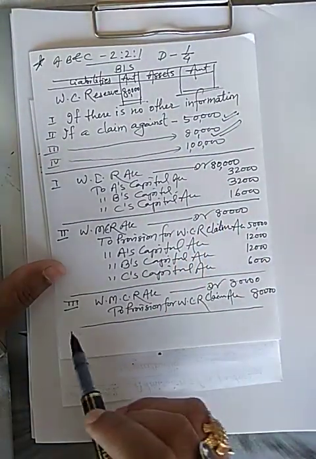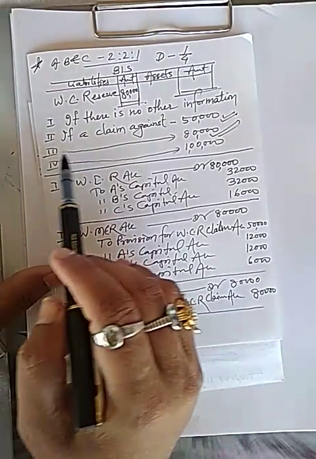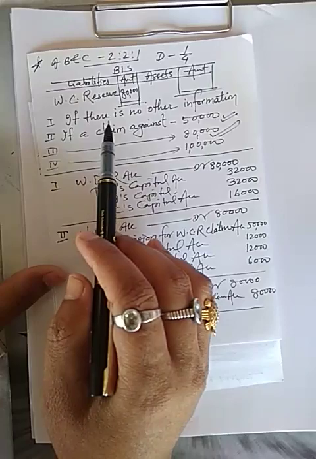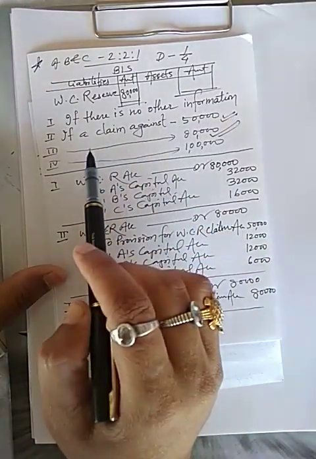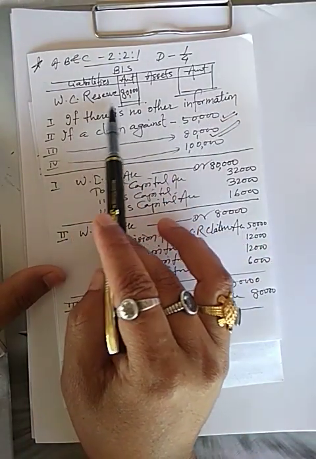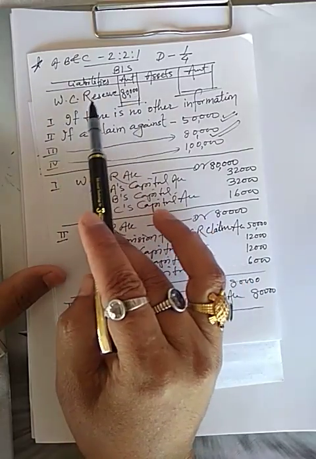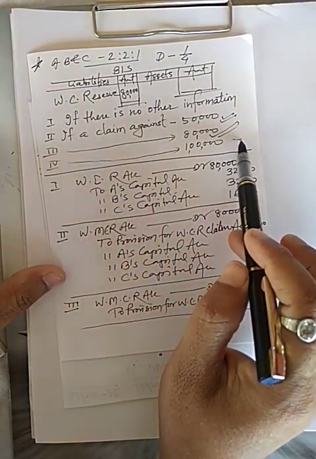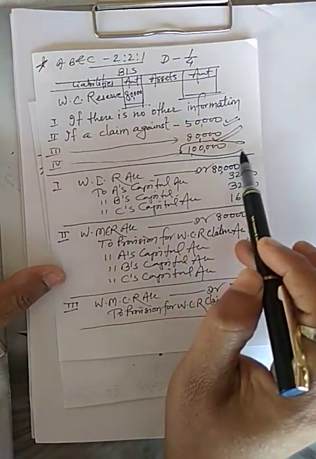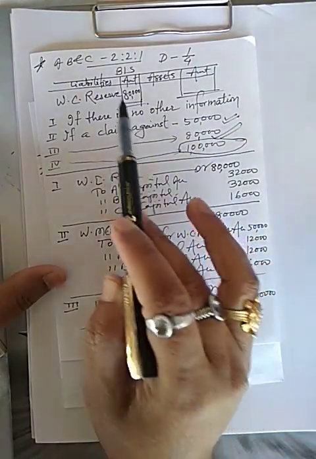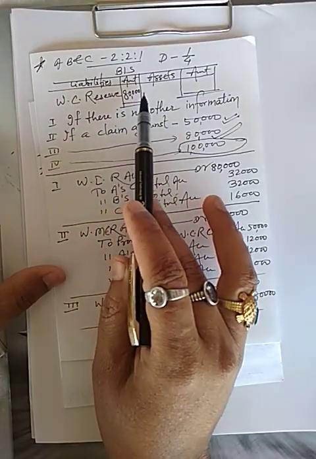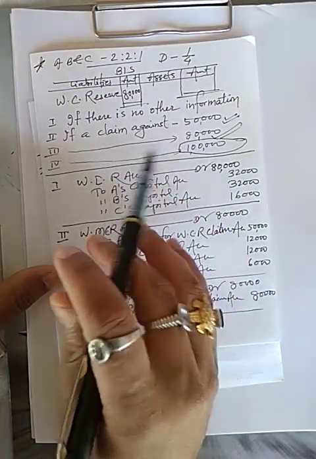Now the fourth case is where the workman compensation reserve is less than its claim, because the claim is 1 lakh and the workman compensation reserve is 80,000 only.